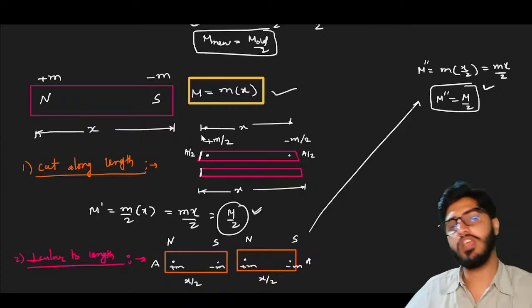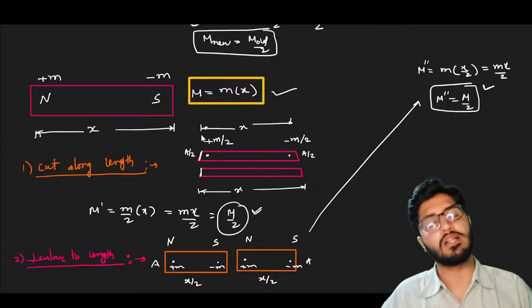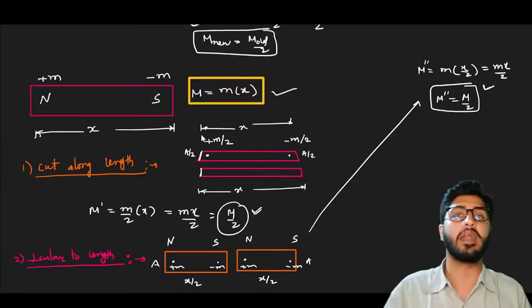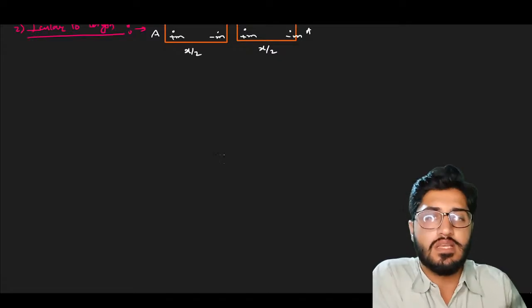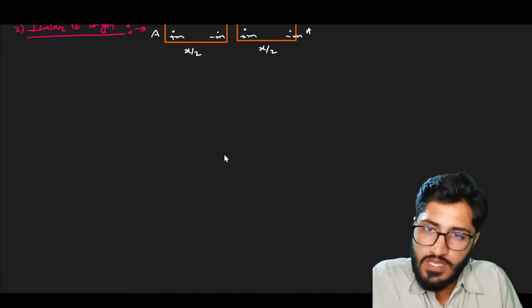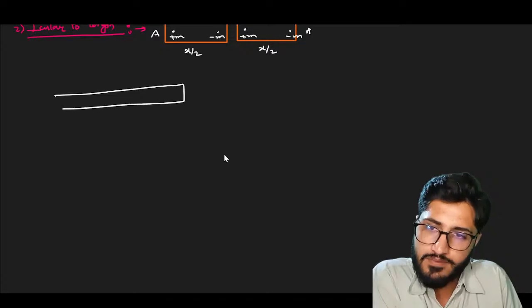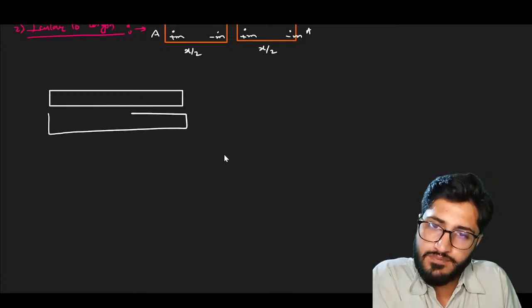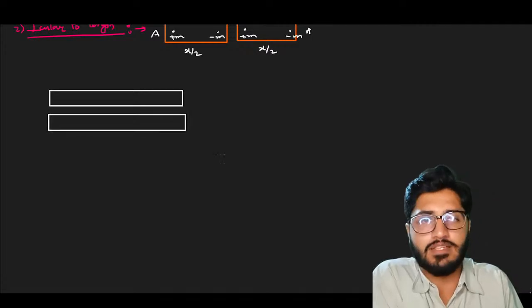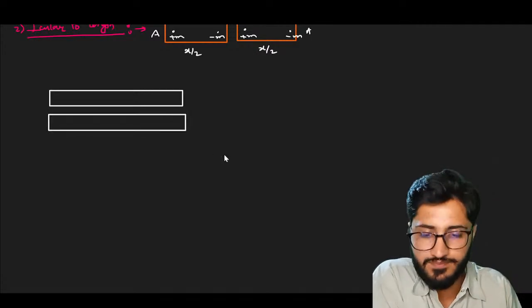Okay. Now, if you are having multiple magnets, then how to get the magnetic moment? Suppose, beta, look now. This is important and interesting also. If you are having two magnets, one magnet, one more magnet. These are identical magnets, that means same.